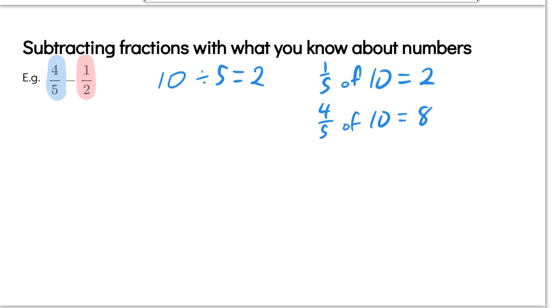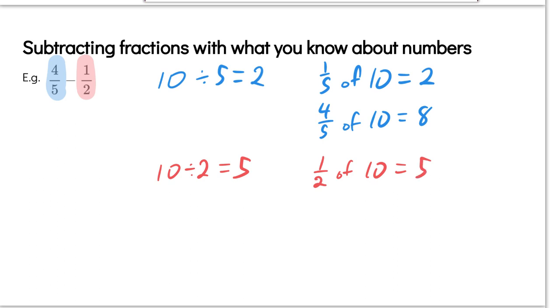Then, when we talk about a half, we can talk about how half of 10, we can split 10 into 2 equal groups, which is pretty simple. It's 5. So that means that half of 10 is going to be 5.